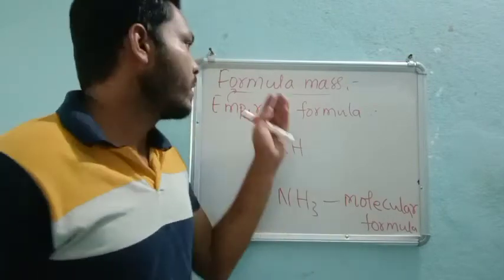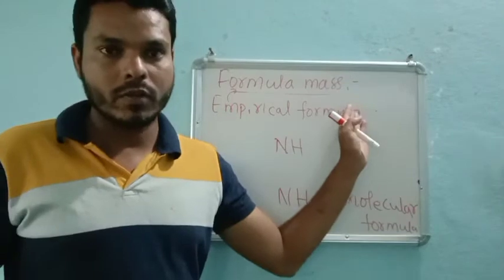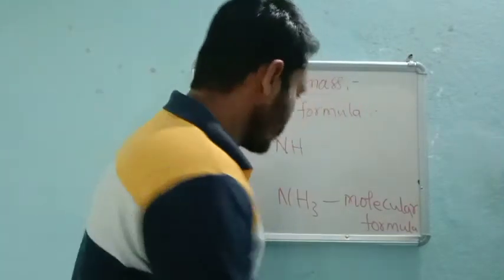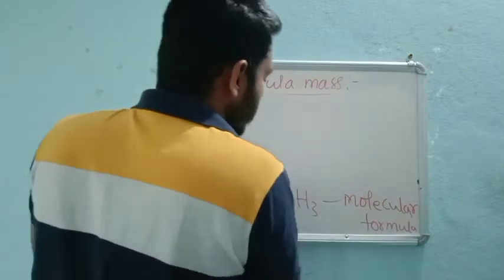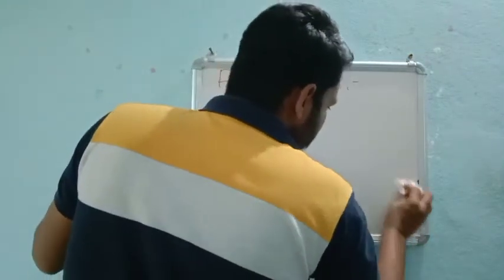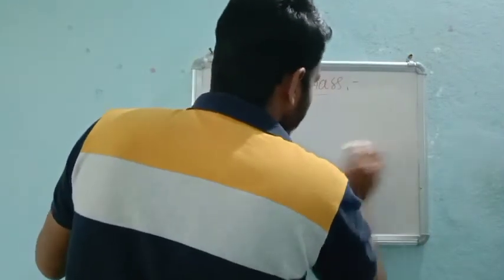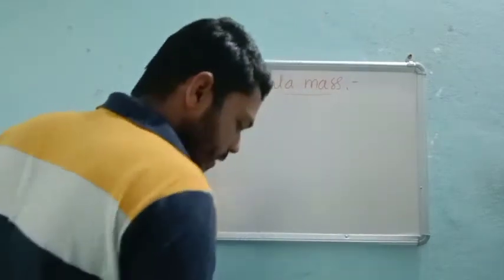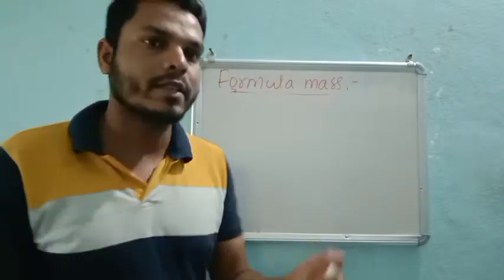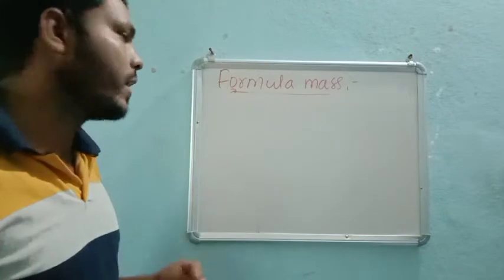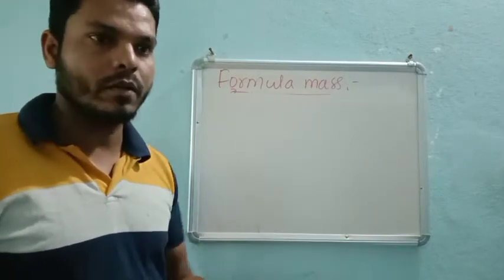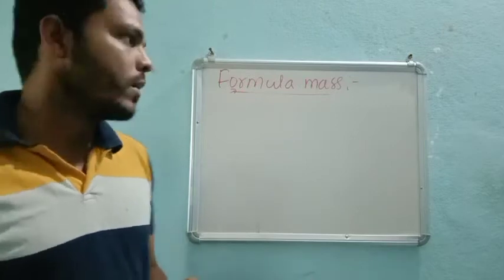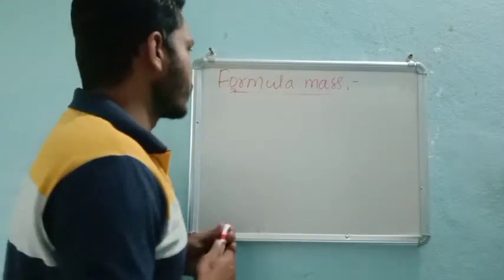We will get the formula mass. Understood? So it is very easy, but it is tricky. Why? Because you don't know what is empirical formula. So that's why it is a bit new for you, right? So in yesterday's class, what I said is you just calculate the empirical formula mass of glucose. How many of you calculated? I don't know, but okay, it's no problem.